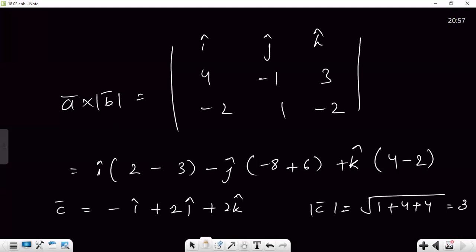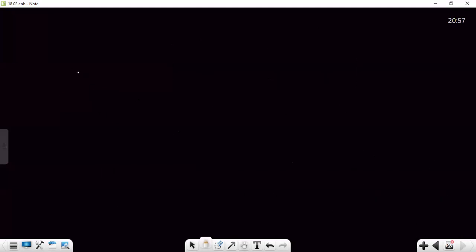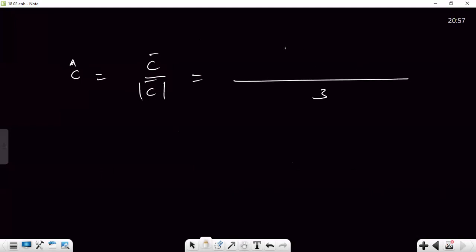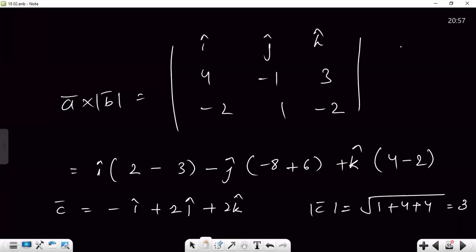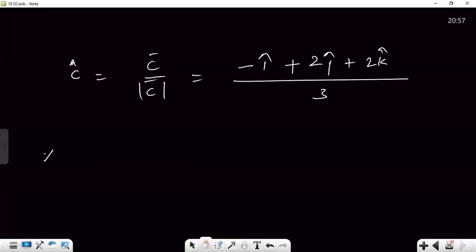Now, the direction. C vector upon C vector's magnitude, which is 3. C vector is minus I cap plus 2j cap plus 2k cap, as we have found. Now there is one thing to remember: the X vector can be in either direction.